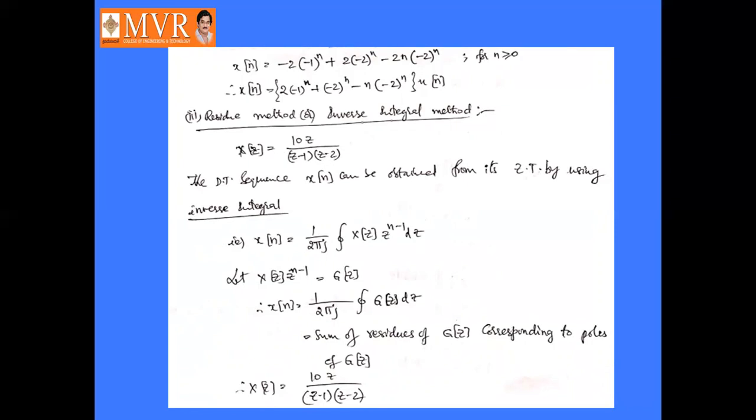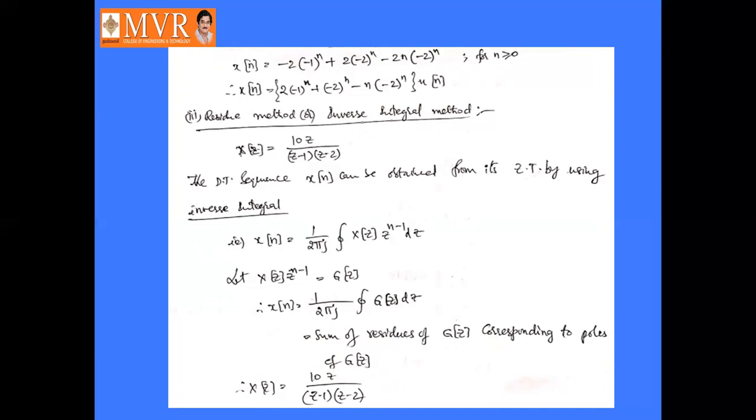So that is the second method, the partial fraction method. And the third one is the residue method, also called the inverse integral method. Okay, so X of z is given as 10z by (z minus 1)(z minus 2). The discrete time sequence x of n can be obtained from its z transform by using the inverse integral.